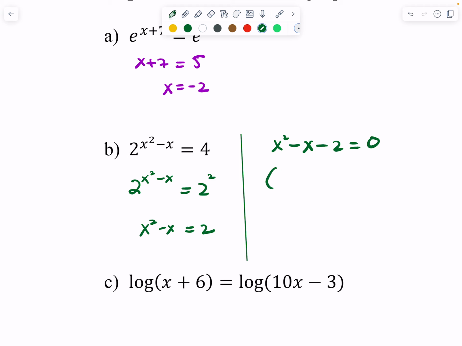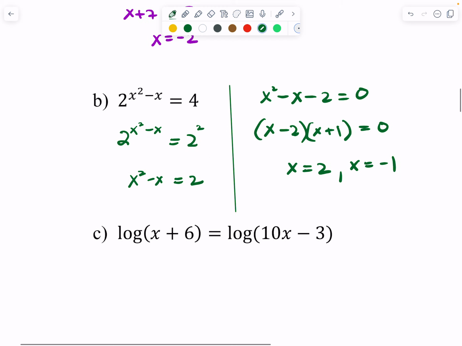I'm going to think about factoring this because factoring by guess and check usually is the fastest approach. But you could technically use the quadratic formula if you weren't sure how to factor. So think about what this factors to. That would be x minus 2 times x plus 1. So we would get x equals 2 or x equals -1 as our solutions to this equation.